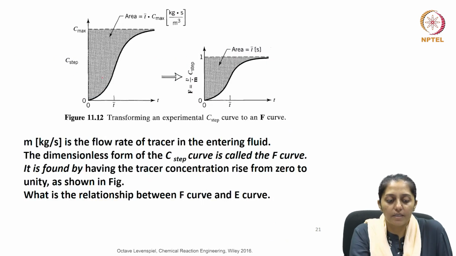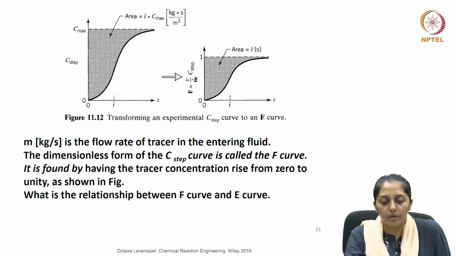So, for your C step, in order to normalize it to area 1, it is converted into an F value such that its value ranges from 0 to 1.